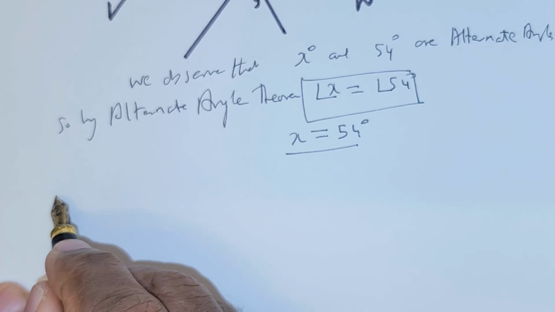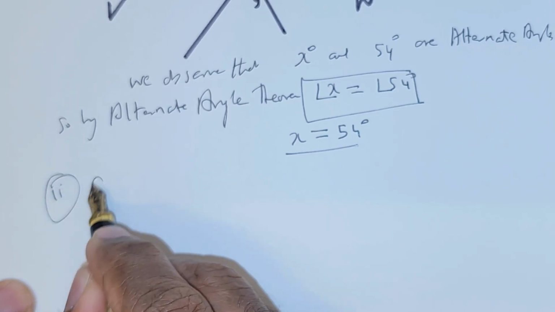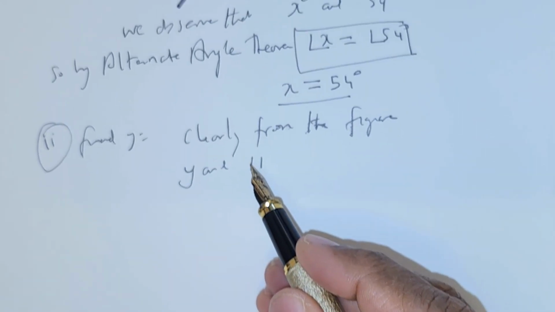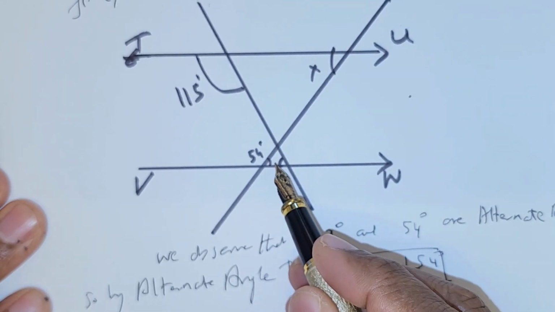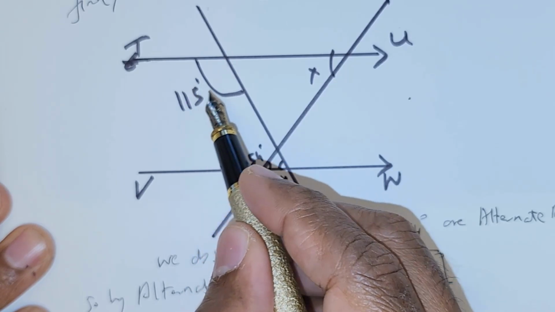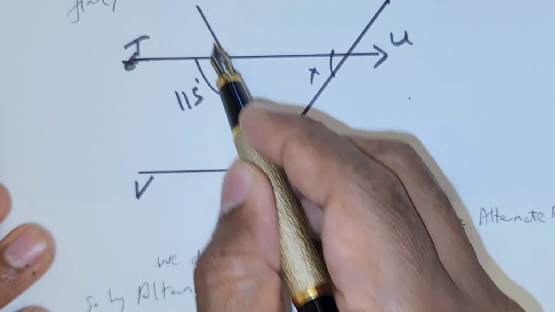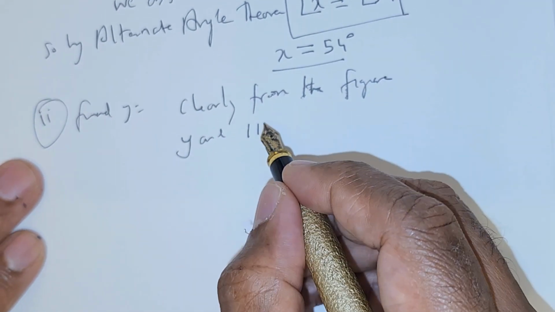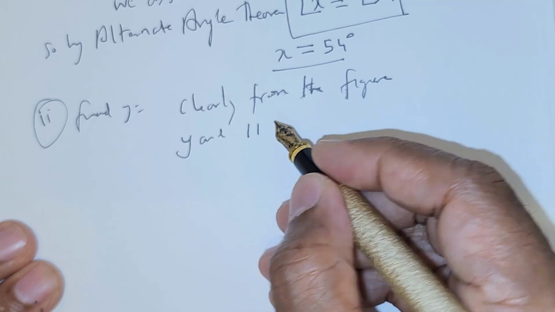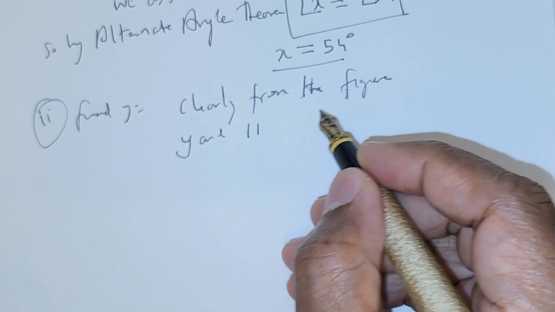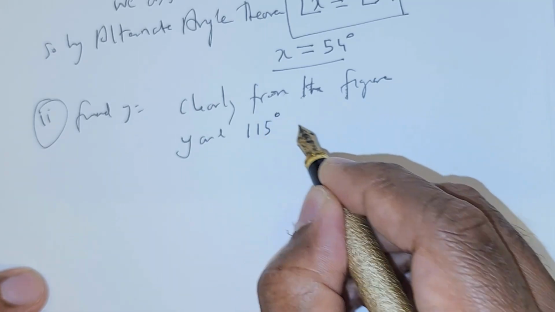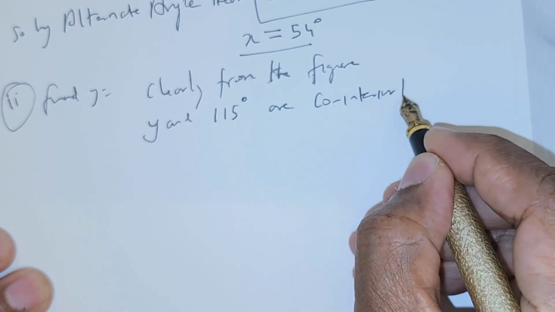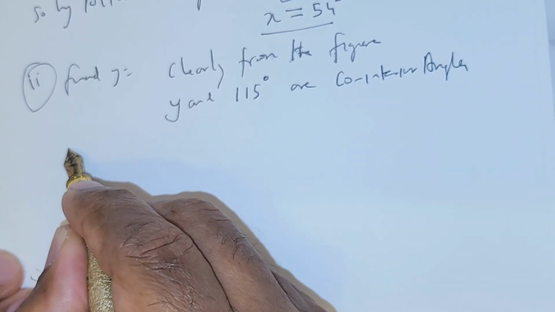Okay, after this we will have to go and find y. So clearly from the figure, this is y on this end and you have 115 on this end, and both are being created by the same line hitting two parallel lines. Such angles are called co-interior angles. So y and 115 are co-interior angles.